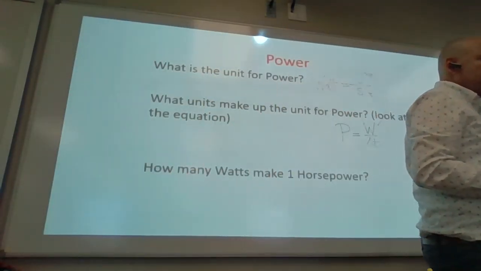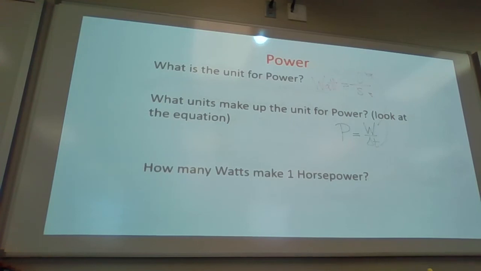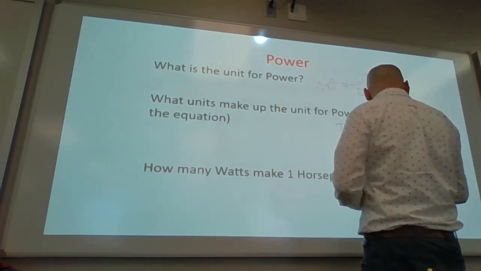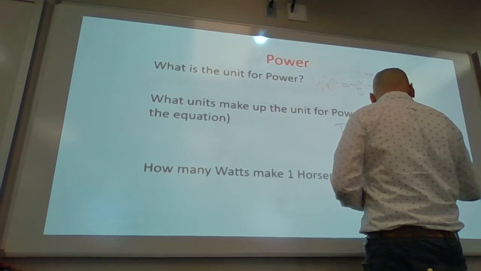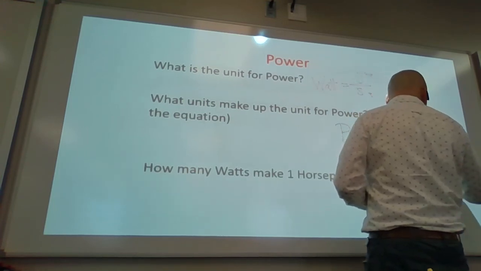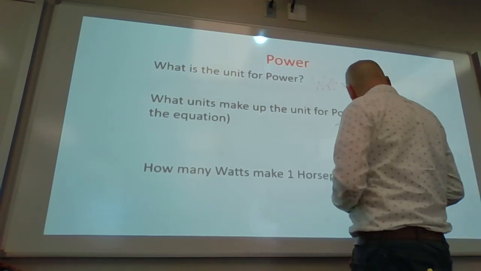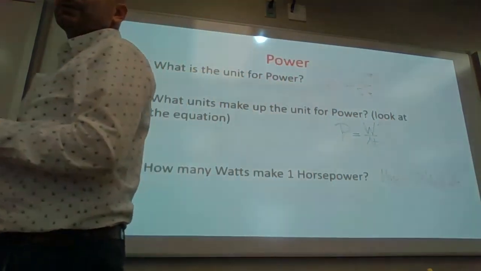He did an experiment: how much power does an average horse produce? He averaged 1,000 horses and came up with this horsepower. So 1 horsepower is equal to 746 watts.